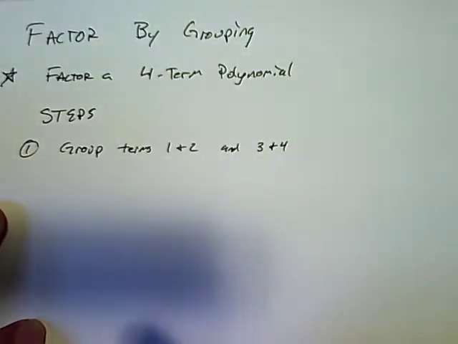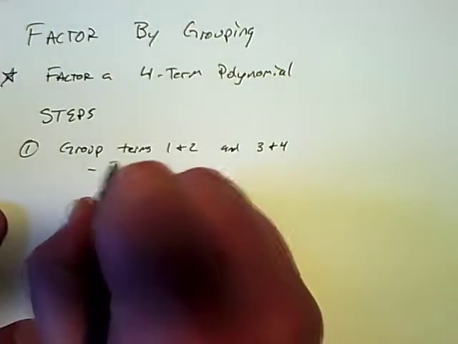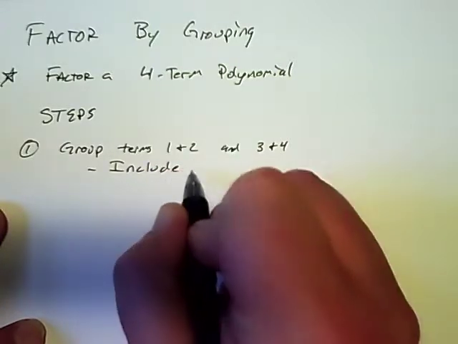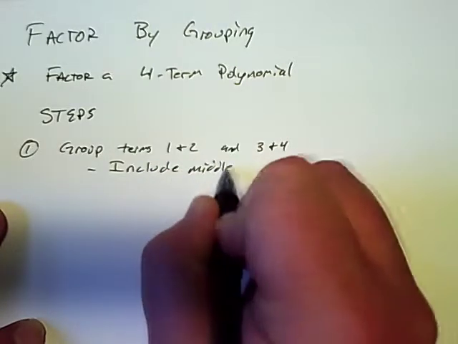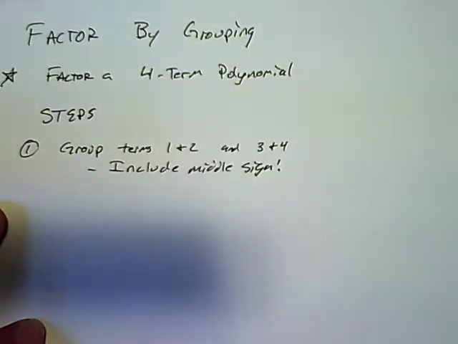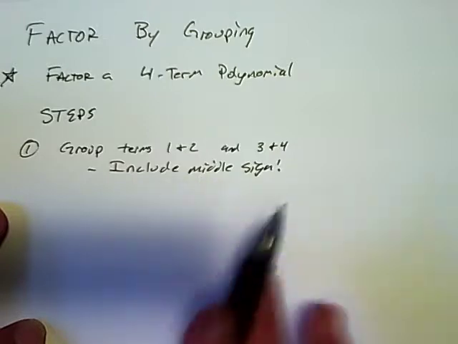So you're going to group the first two terms and the second two terms. And this is where I might differ from everybody else. But here I'm going to say include the middle sign. If the middle sign is negative, then you're going to factor out at least a negative. If it's not, then we'll take a look at what happens at that point. But here, make sure you understand we're going to include the middle sign.